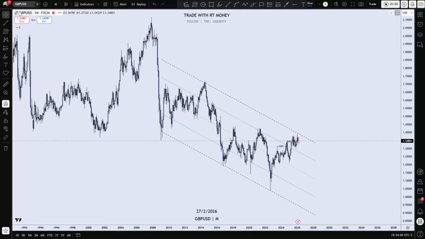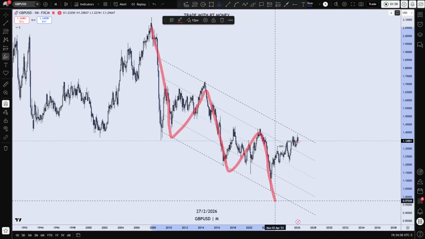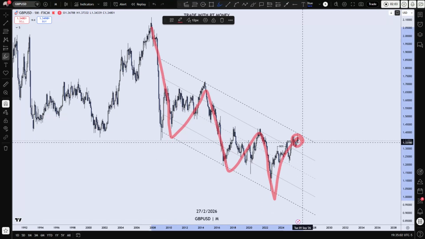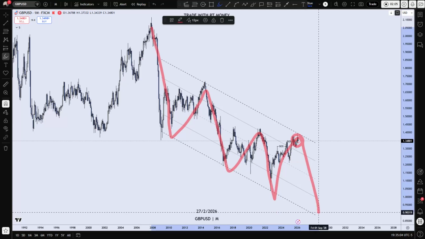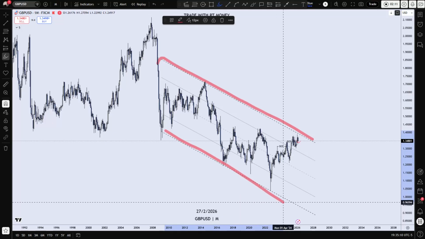All right, now if we look at the monthly time frame, you can see the market has been bearish, making lower lows, lower highs, lower lows, lower highs, lower lows, and this is potentially the next lower high for the next lower low. Here's the deal: we are in a descending channel, right?